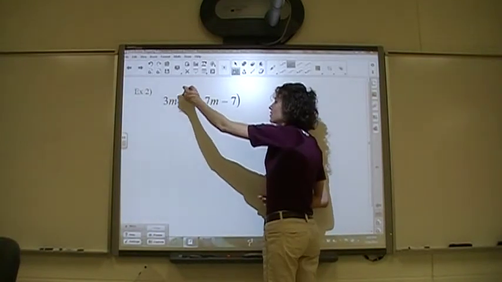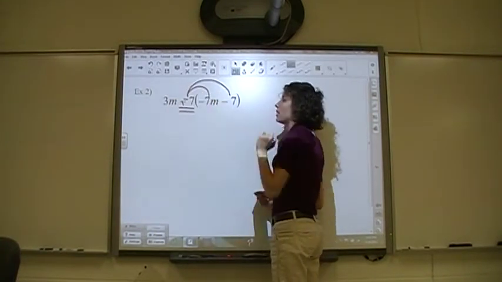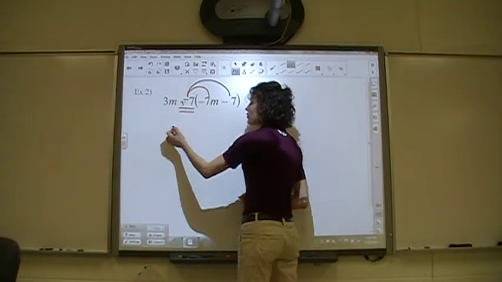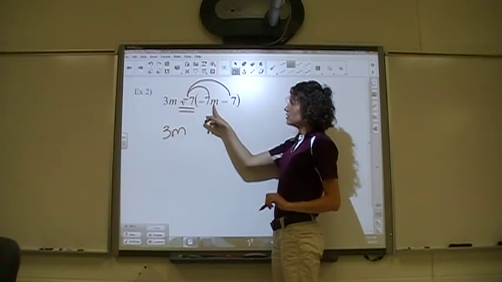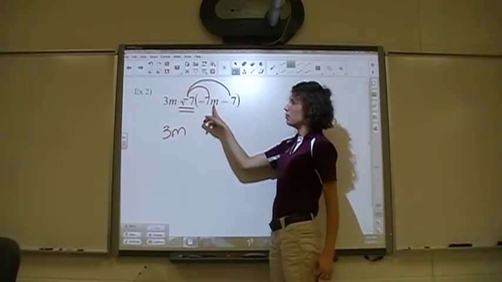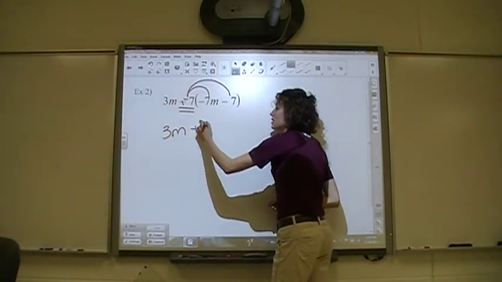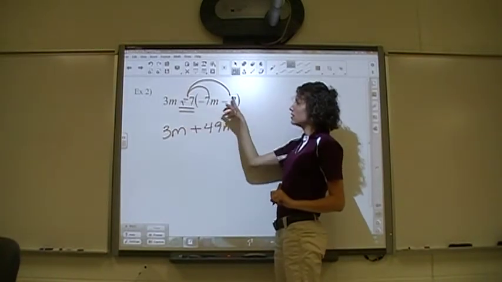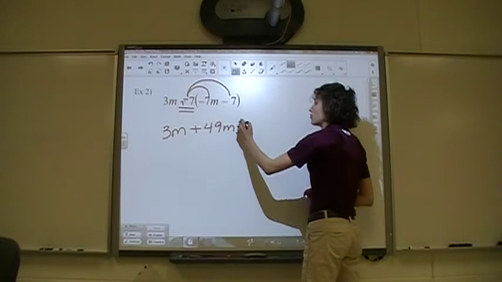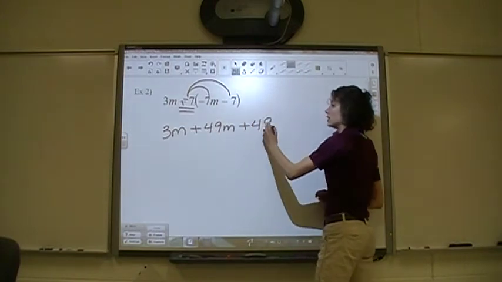So you take this negative 7 and distribute it by drawing your rainbows. Drop your 3m down. Then you have negative 7 times negative 7m, which is going to give me a positive 49m. Then we have negative 7 times negative 7, which again will give me a positive 49.